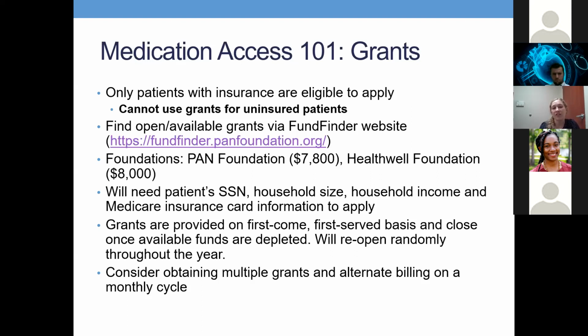And both the PAN Foundation and the HealthWell Foundation will provide grants to these patients, and they're about $8,000 per year. So you will need the patient's social security number, household size, household income, as well as the Medicare insurance card information to apply. And once you apply, you will get that decision in real time, and then you can take those pharmacy benefits information and provide it to the patient's specialty pharmacy.